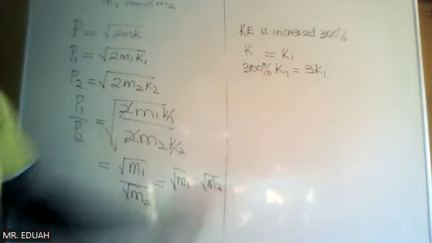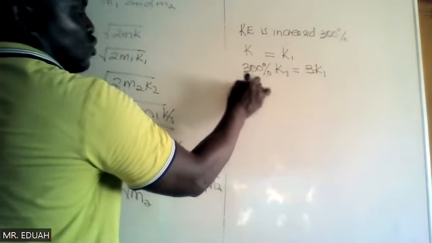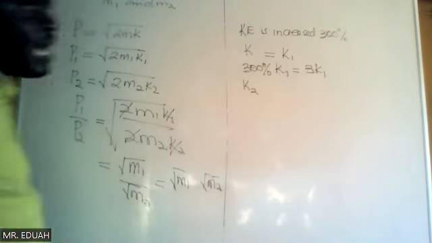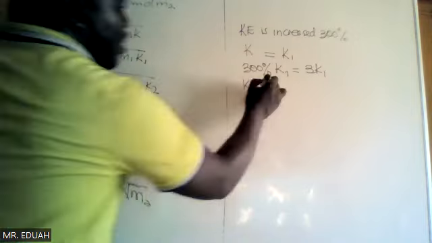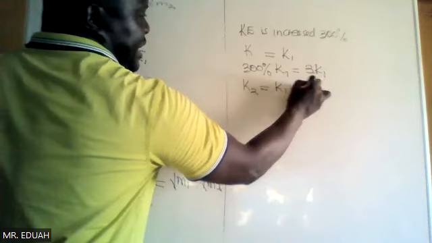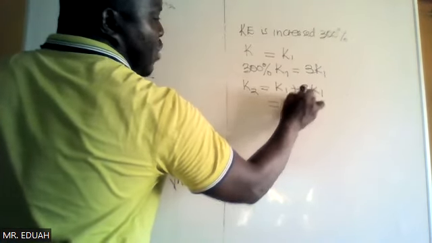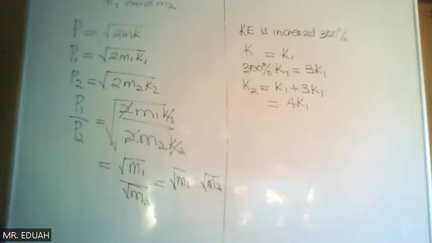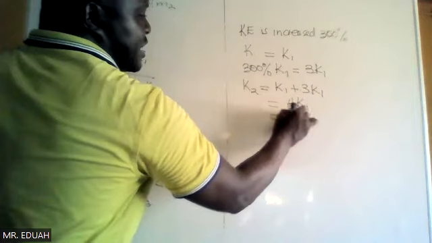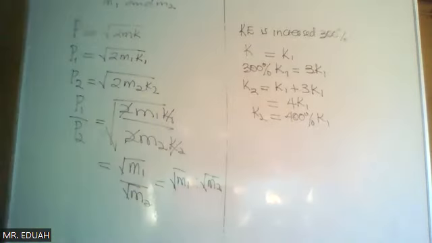So the total, the new kinetic energy K2 after the 300% increment, will be equal to the initial K1 plus the change, 3K1. So I have 4K1, and 4 expressed as a percentage is 400%. So this is 400% K1. That's the new kinetic energy.